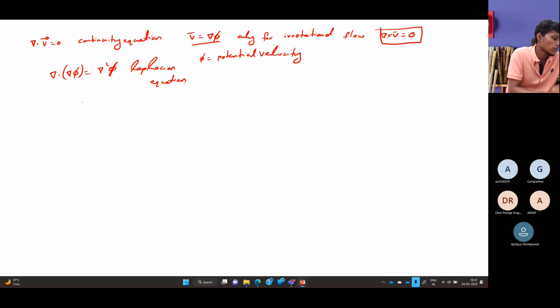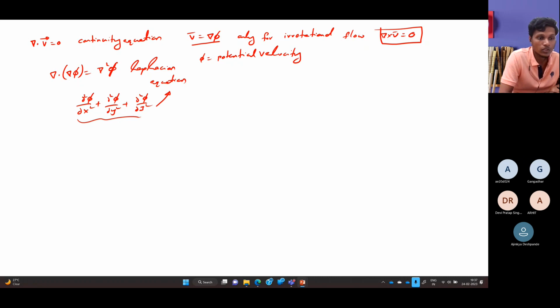By expansion, del square phi is dou square phi by dou x square plus dou square phi by dou y square plus dou square phi by dou z square. This is the Laplacian equation, very important for finding solutions in terms of the velocity potential, like solving the Navier-Stokes equation in inviscid flow. This potential function is highly useful.